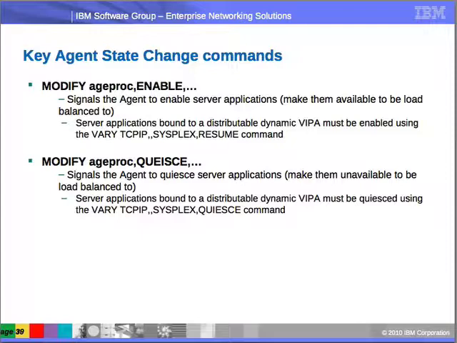A similar thing exists for this agent enable and quiesce. If we're using SASP to influence a second-tier load balancer, using this enable and quiesce command will allow you to do similar things to what quiesce and resume does for Sysplex Distributor targets.